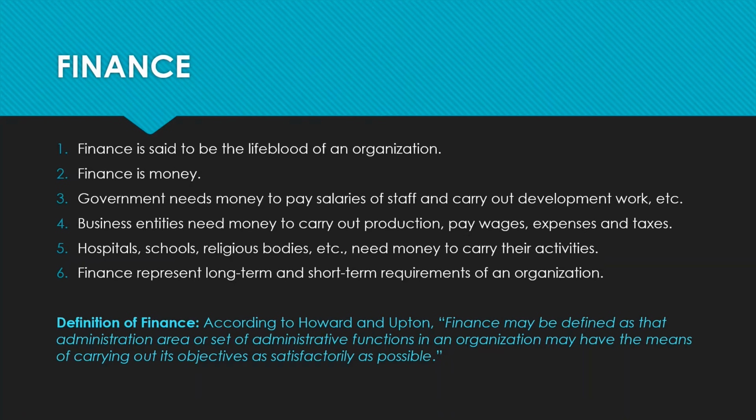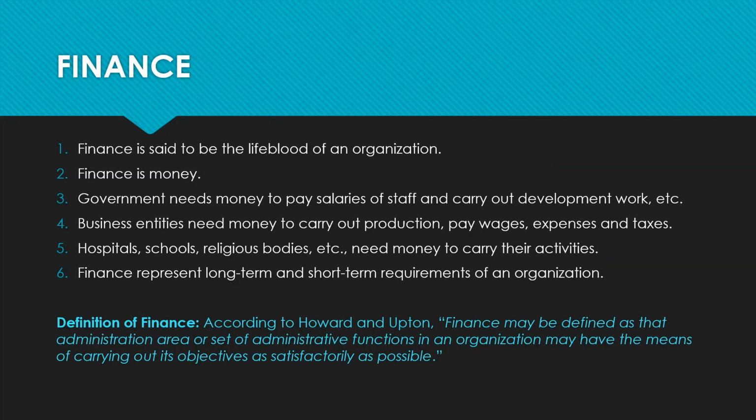Let us discuss the definition of finance. As per Howard and Upton, finance may be defined as an administrative area or set of administrative functions in an organization, which helps carry out its objectives as satisfactorily as possible. So you have a lot of plans, you have done a lot of strategies to achieve the goal.